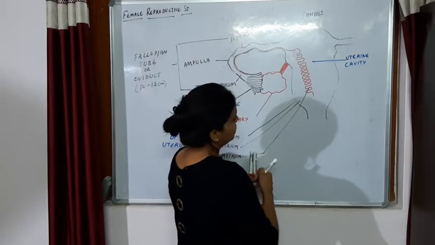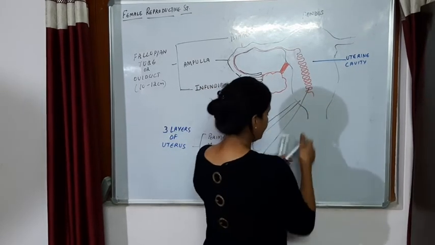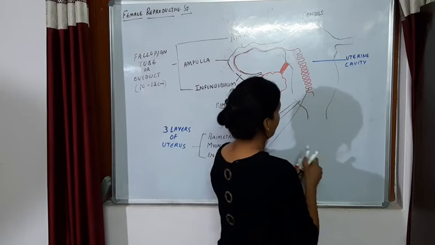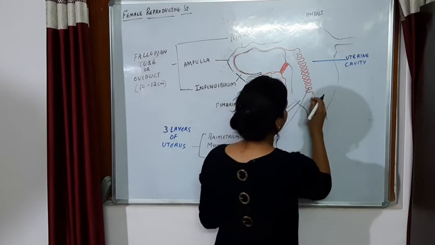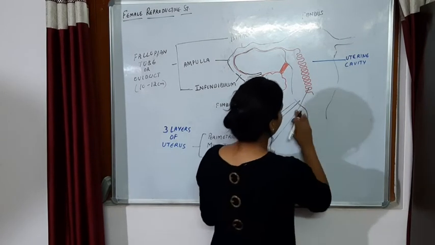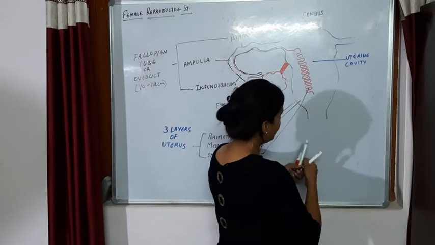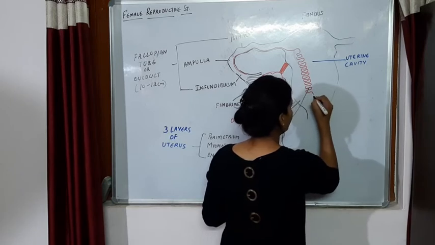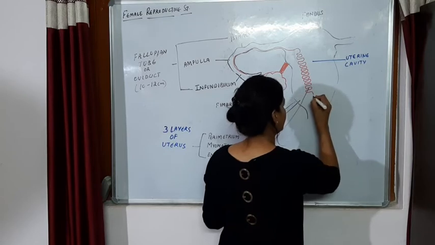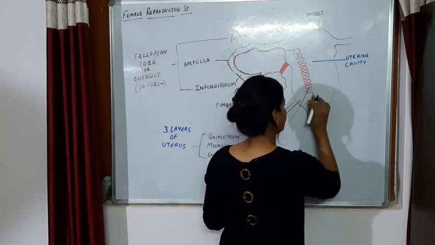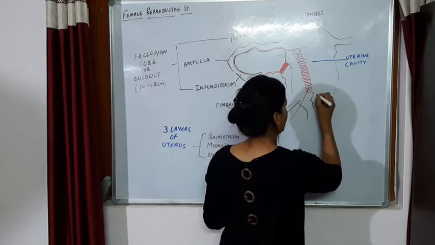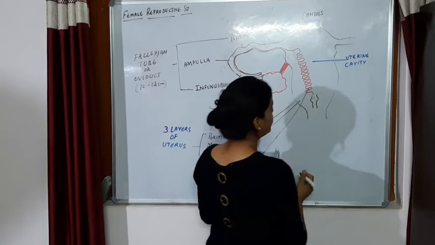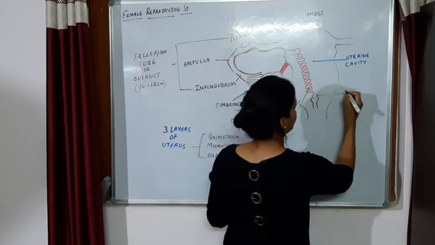Now this endometrial lining is there from both sides. Now we will have the next structure, like this. This area is known as the cervix.